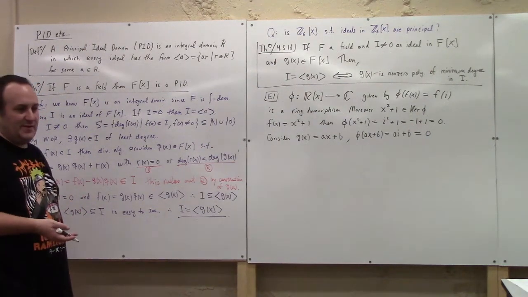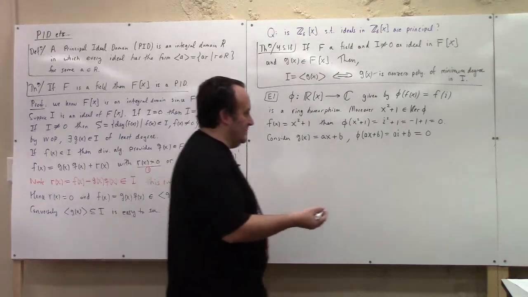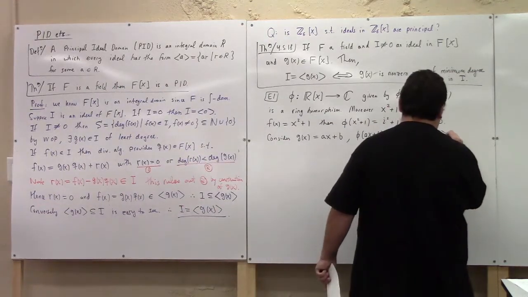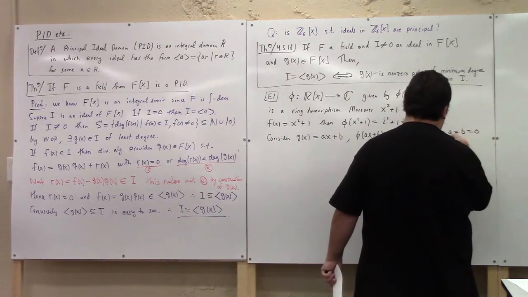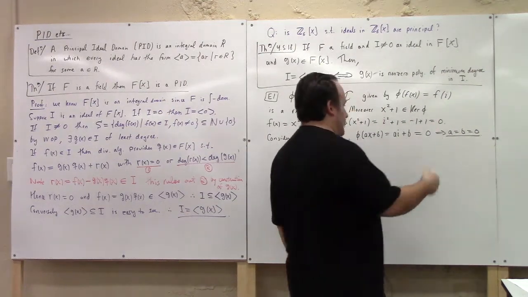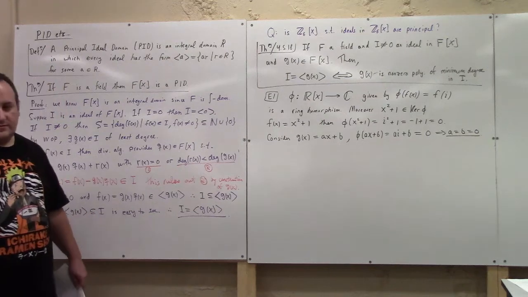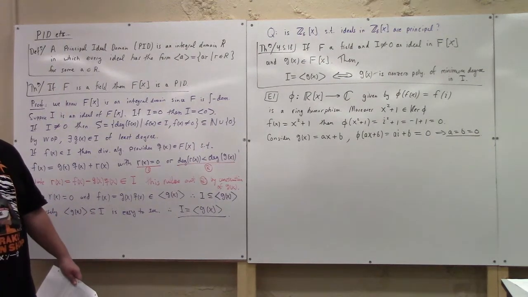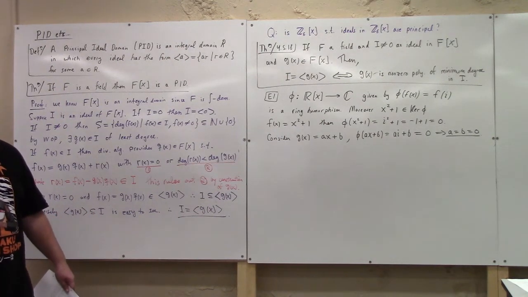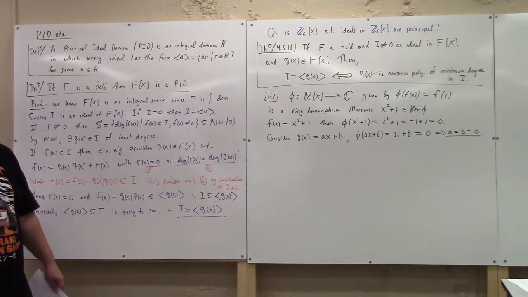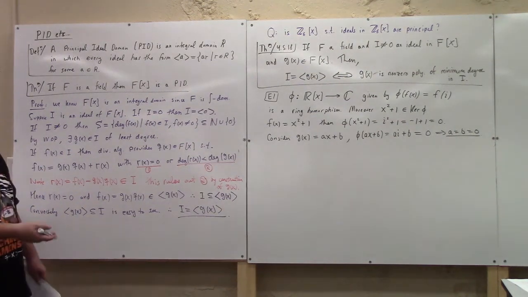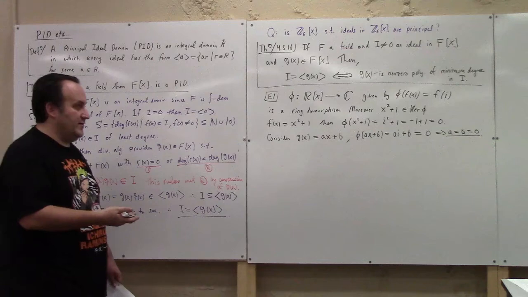Well, the only way that can be equal to 0 is a equals b equals 0. You need both. For this complex number to be 0, it's only 0 if its real and imaginary parts are both separately 0. So what does this mean? There is no linear polynomial in the kernel. So the polynomial of least degree in the kernel of this mapping is x squared plus 1. That has degree 2, right?